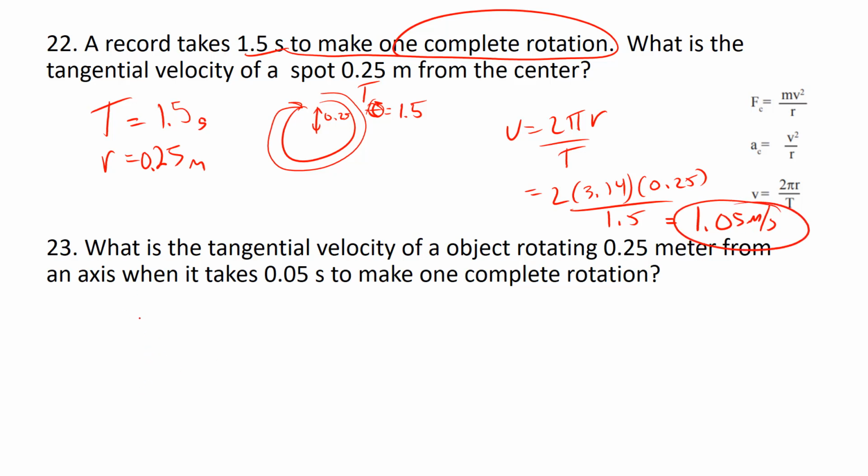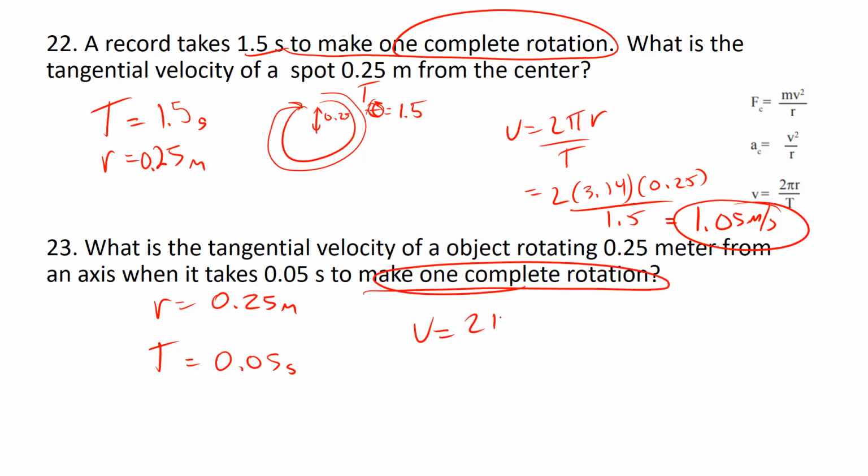Okay, another tangential velocity equation. The object is rotating with a radius of 0.25 meters from the axis, from the center. That's a little sloppy, let me erase that and do it again. R equals 0.25 meters, and it takes 0.05 seconds to make one complete rotation, so that's the period.